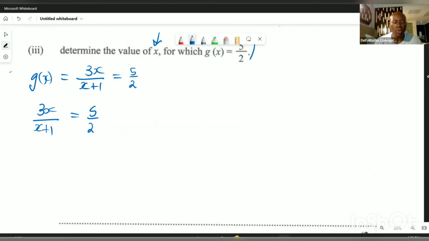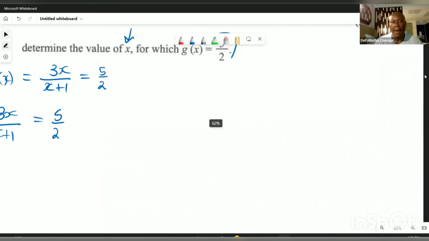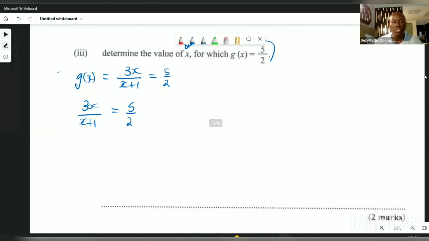We're going to multiply throughout to get rid of the fraction, so I'm going to multiply everything by 2 and then by x plus 1.